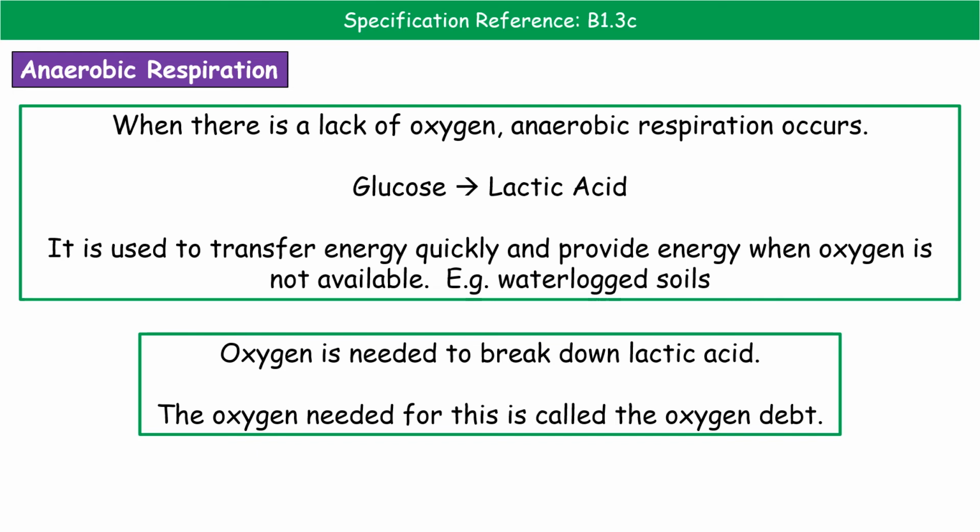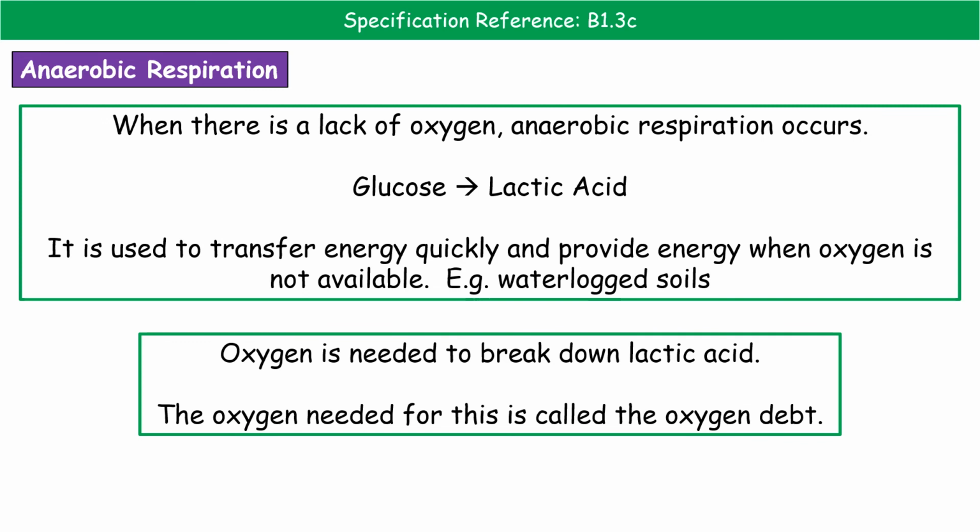It is worth remembering that in these situations where we have created lactic acid, we are going to need to break it down because it is toxic. So what we actually find is that we have something called oxygen debt. If we think about humans and exercise, when you've been doing a lot of exercise, you actually then slip into anaerobic respiration.